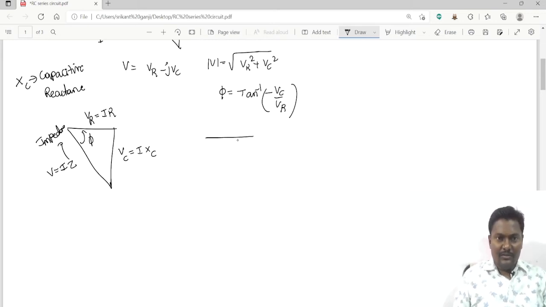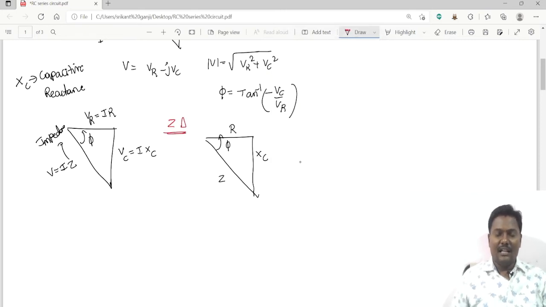From this, if I cancel out I, this one is R, this is XC, and the hypotenuse value is Z. This triangle is called the impedance triangle.